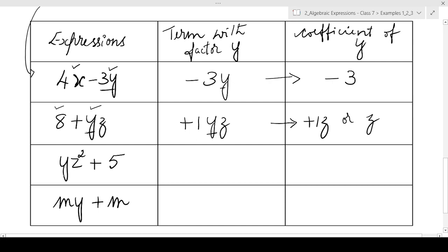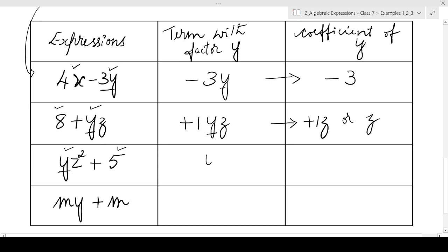Fine. Can you all solve now the third one by yourself? How many terms are there in this expression? There are two terms, right? This expression is made up of two terms. And which is the term which has y in it? Correct. The first term has got the factor y, right?